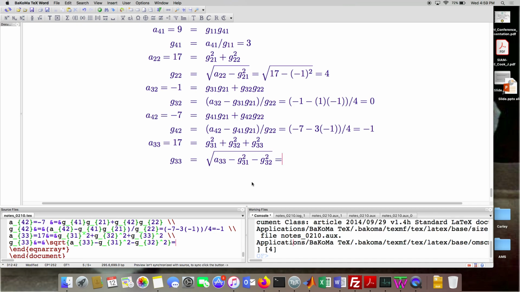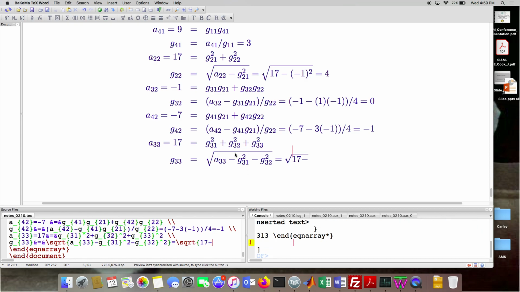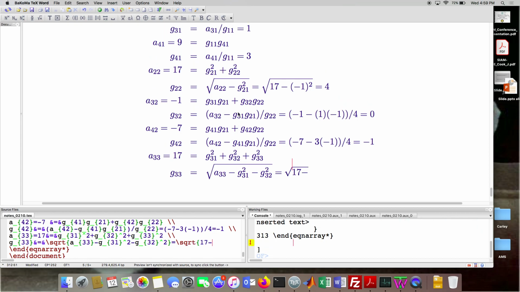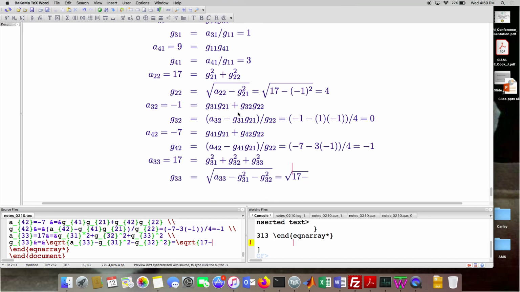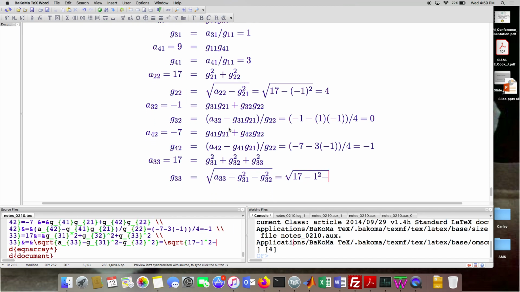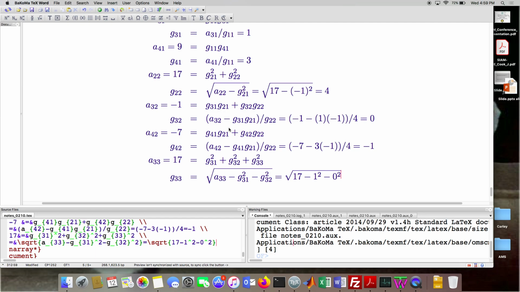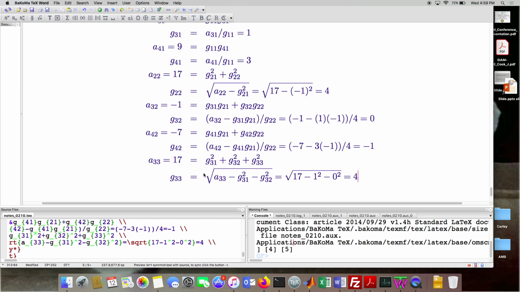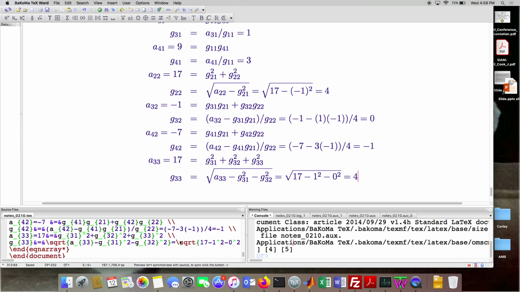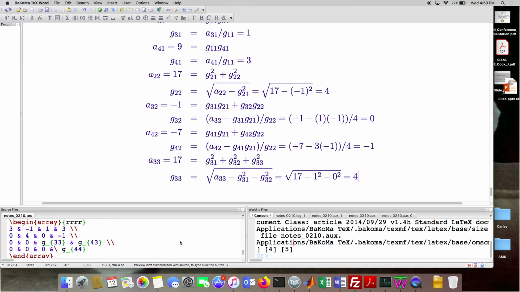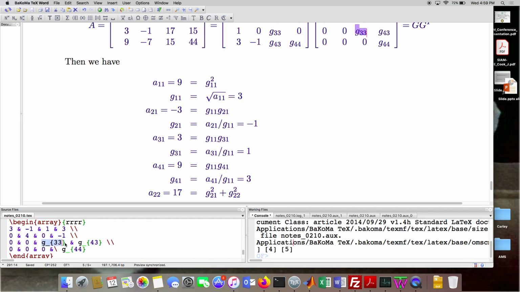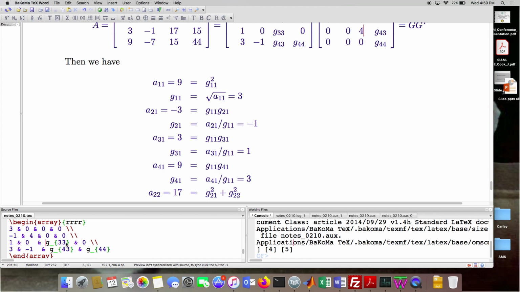So we're going to get 17 minus G31, which is 1, and G32 turned out to be 0, so we get 4 again in this case. So notice as we go from one column to the next, each entry is taking more work. There's going to be more terms involved. Okay, so 4, 4.